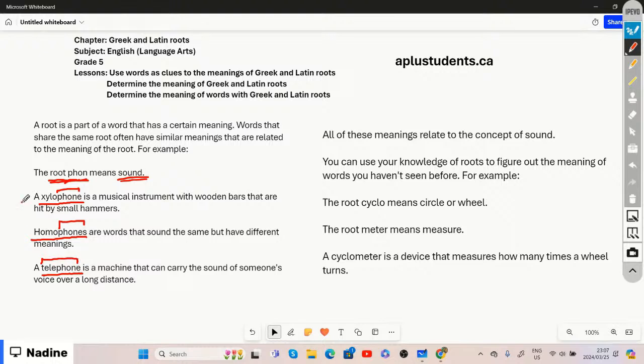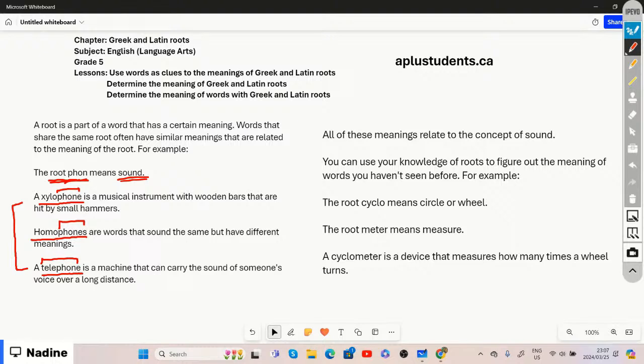Which means that all three of these words have a similar meaning that is related to something with sounds, right? So the root word, we said phone, it means sound. And if we look at all three of these words, xylophone, homophones, and telephones, it is basically to do with sound, right?